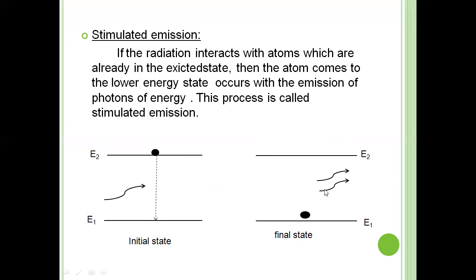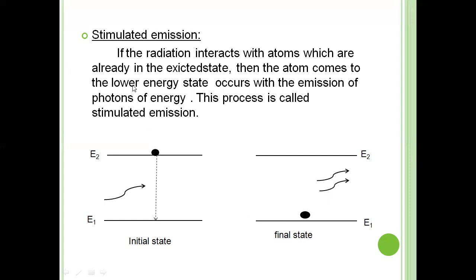One of them will be the incident photon, and the other is due to the de-excitation of the atom from the higher to the lower energy level. So in a stimulated emission process, at the output we will get two photons which are coherent with each other, moving in the same direction and having the same frequency.